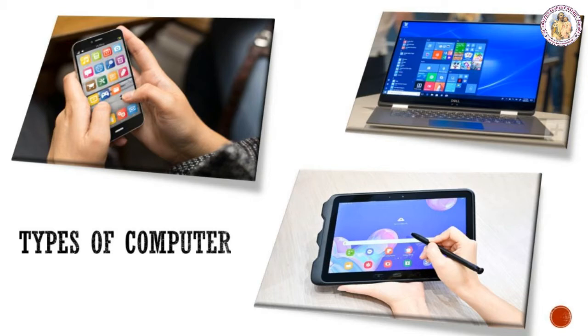Most of us think that smartphones are only for making calls because of their handy look, but it is not so. And what about laptops and tablets? Are they the same as the computers we usually think of? Yes, they are also the same. These are different types of computers, but their performance varies according to their capacity.